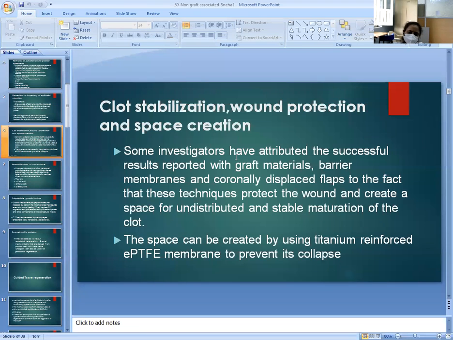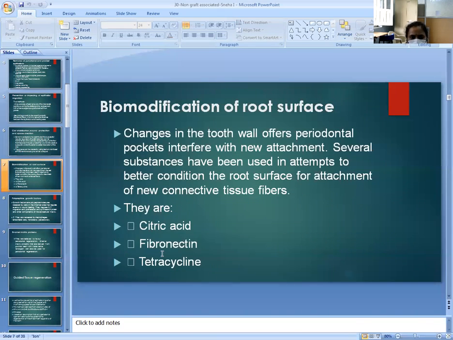These are guided tissue regenerative membranes. They protect the wound area, stabilize the clot, and prevent the epithelium from downgrowth or migrating into the wound area. So the space can be created by these membranes.